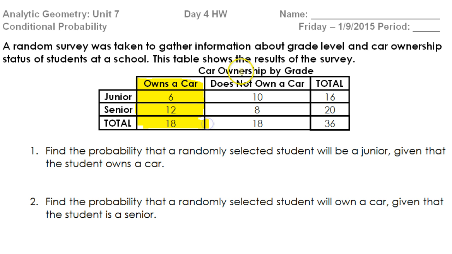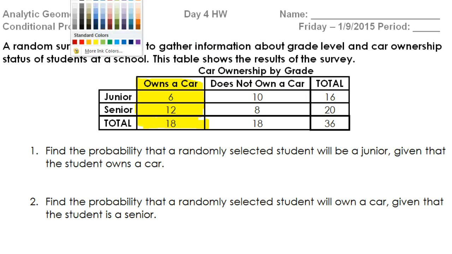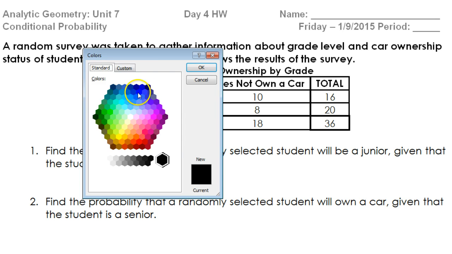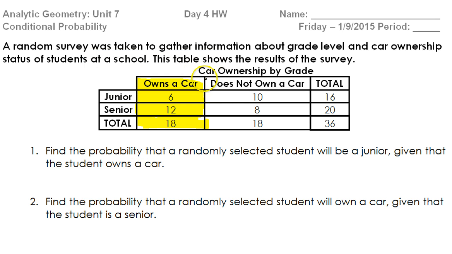This part, where students don't own a car and all that, doesn't apply, because guess what? The student owns a car. So we no longer care about this. The universe has gone from 36 down to 18, because we can forget about the ones who don't own a car.